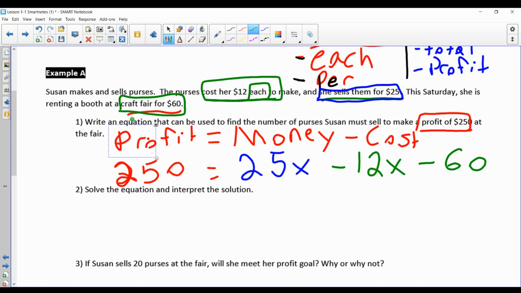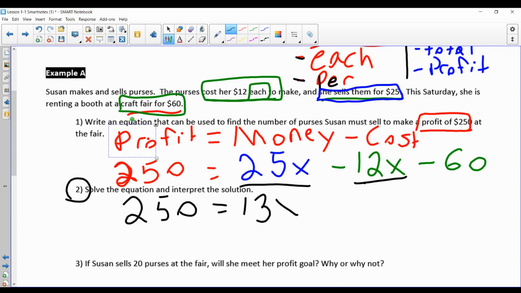Now, to make our lives easier, we can start simplifying this, and it kind of leads into problem 2 as well. If I simplify 25x minus 12x, that would give me 250 equals 13x minus 60. From this point, we can actually move on and solve the rest of this problem.